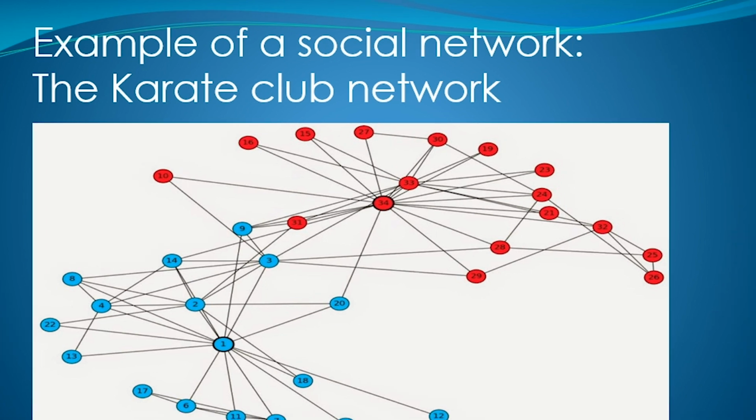Also, you can see that some persons are more important than others in a network. For example, here, one is more important because he is having so many ties. Similarly, 34 is more important because he is having so many ties. So, in a network, all nodes are not having equal importance. Some may be more important than others.